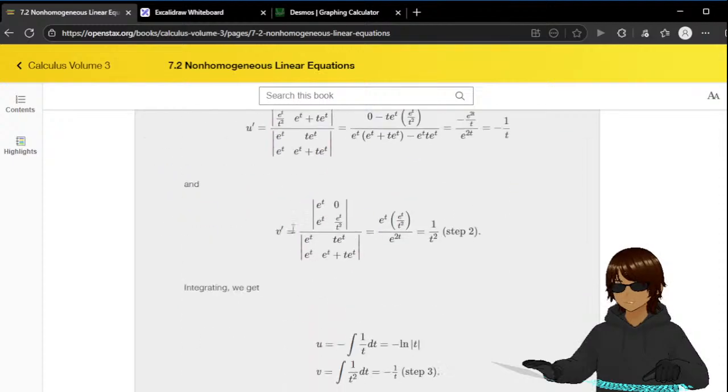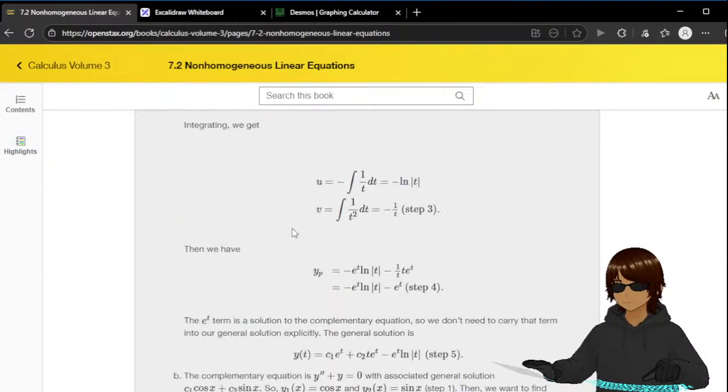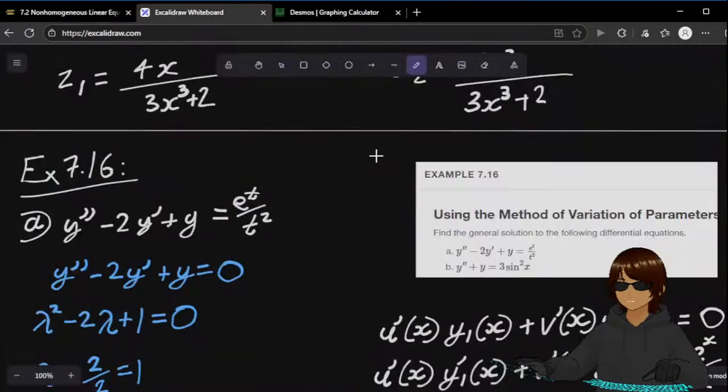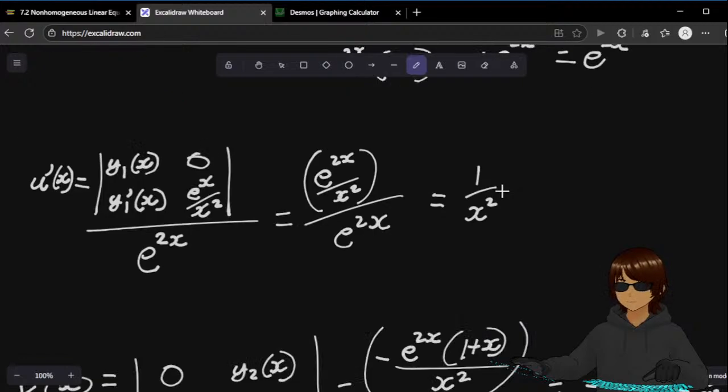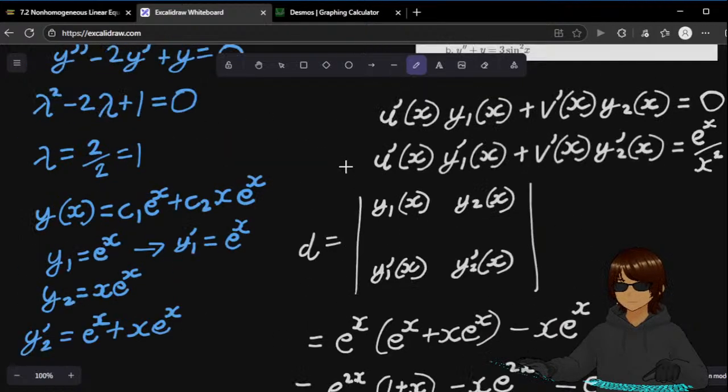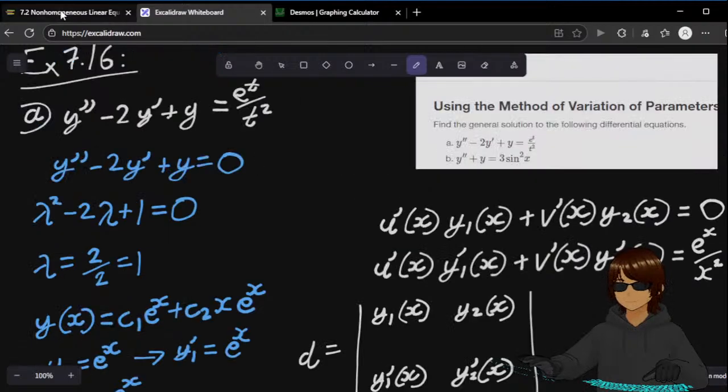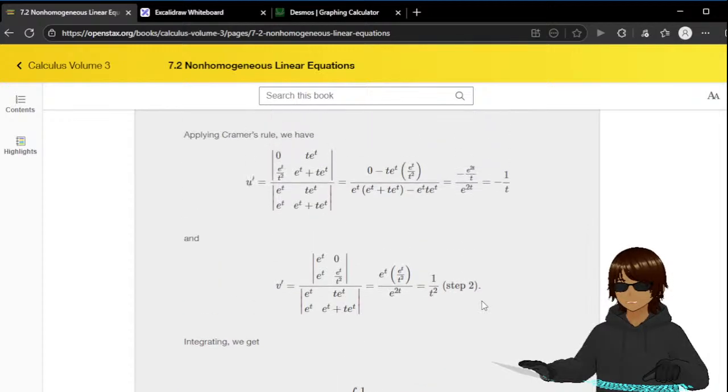Let's see if that's what they got. But they wrote t. Was it 1 over x or 1 over x square? No, it's x square.